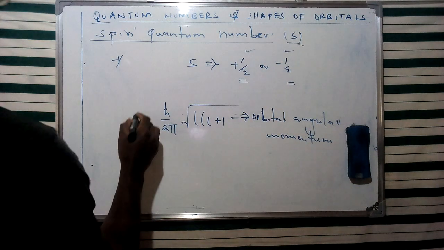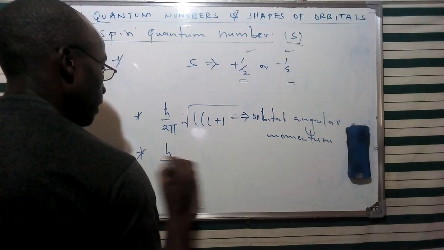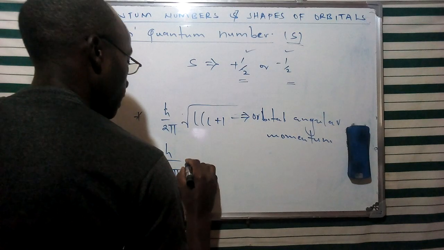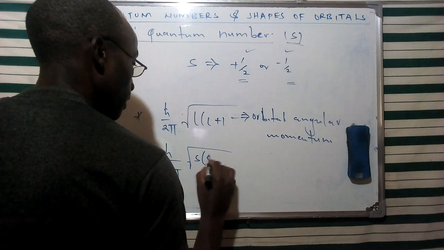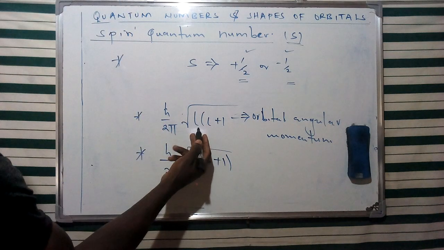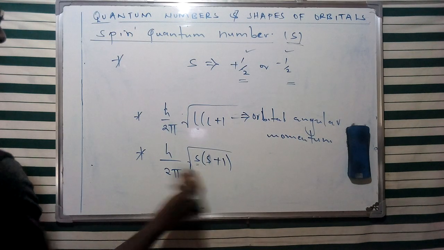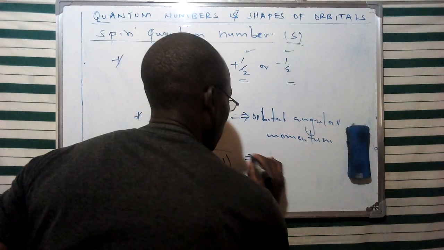In this case, if we're going to describe a spin, we're going to have a version of this representation given in terms of the ratio of h over 2 pi, and then the square root of s into s plus 1. So basically, we substitute the angular momentum quantum number with the spin quantum number. And this is going to represent what we refer to as the spin angular momentum.